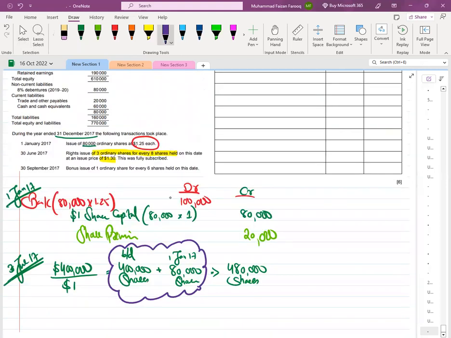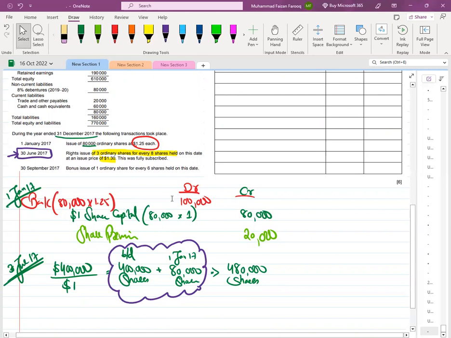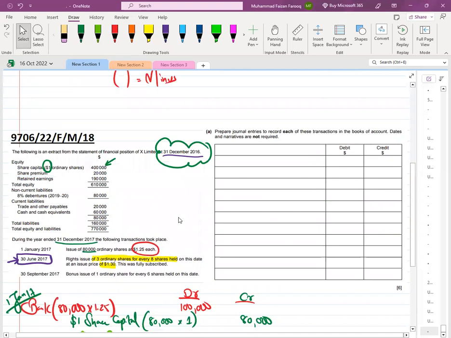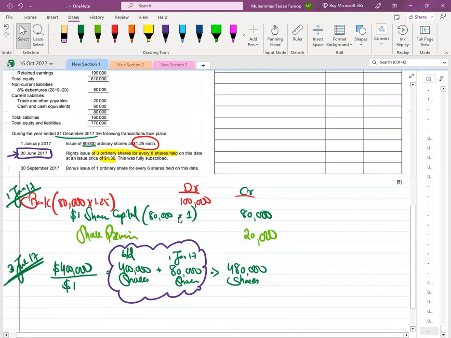Before 30th June, the company issued 80,000 new shares. Altogether, at the time of the right shares, on 30th June 2017, the total number of shares issued was not 400,000, it was 480,000.